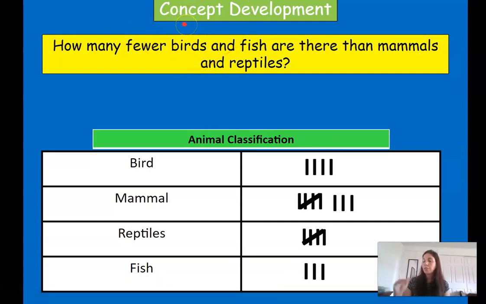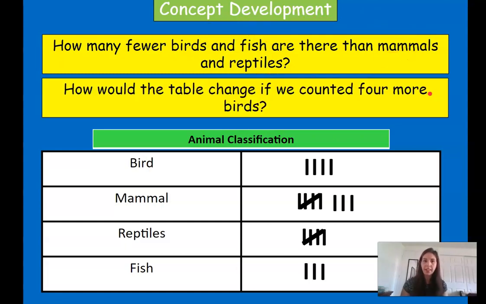If there were 4 more, then that also would mean that there are 4 less. There's 4 less birds and fish than mammals and reptiles. You could say either way. See how they switched? This is one that we have less of, so we have 4 less. Or we could say we have 4 more mammals and reptiles. Either way, you can trade it.